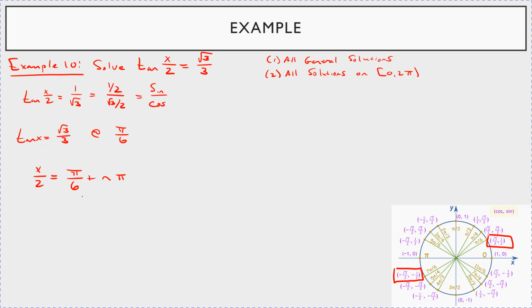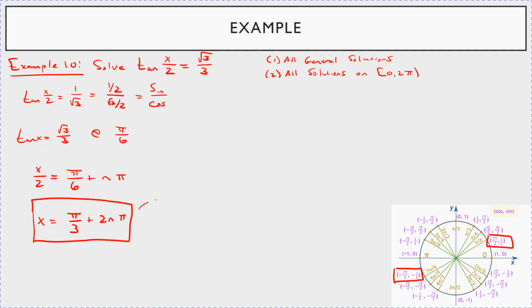So then basically what are you doing here to solve it? Okay, you're just going to multiply everything by 2, right, to get rid of the divide by 2. So you get x is equal to, when you multiply by 2, you just get pi over 3 plus 2n pi. That's the general solution.